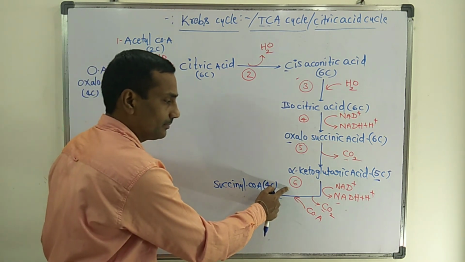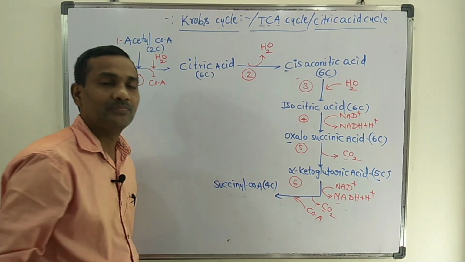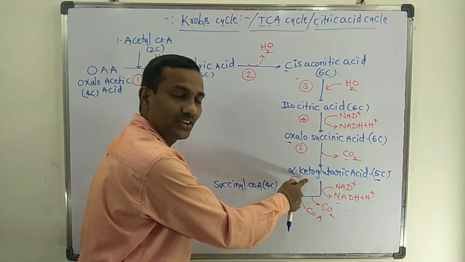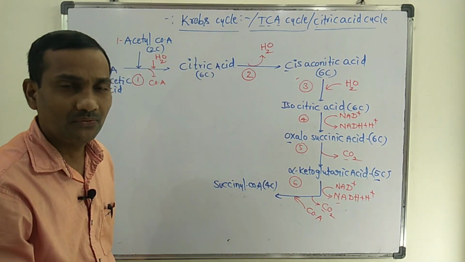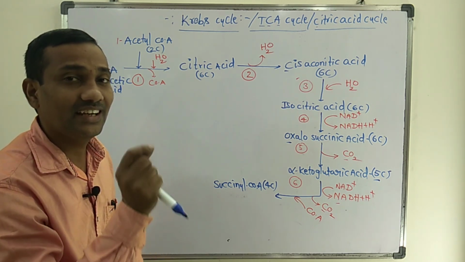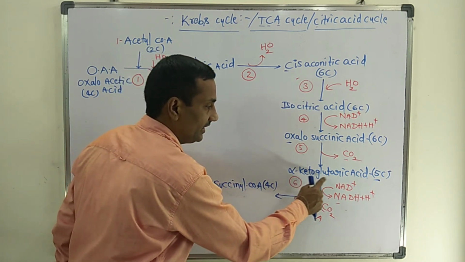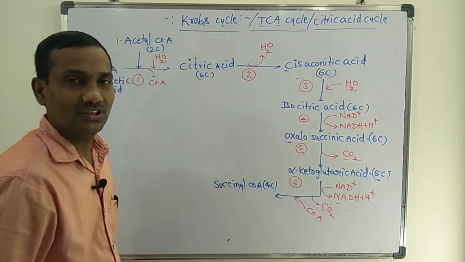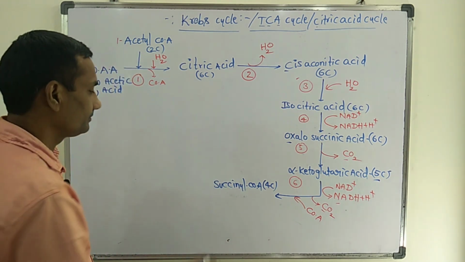The sixth step, oxidative decarboxylation, is catalyzed by one enzyme, that is alpha ketoglutaric dehydrogenase. Wherever oxidation occurs, that enzyme ends with dehydrogenase. That is how to remember: the enzyme name alpha ketoglutaric, oxidation step, dehydrogenase. After the end of the sixth step, succinyl CoA is formed.